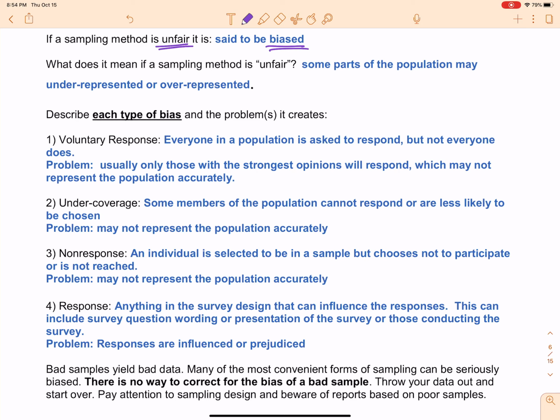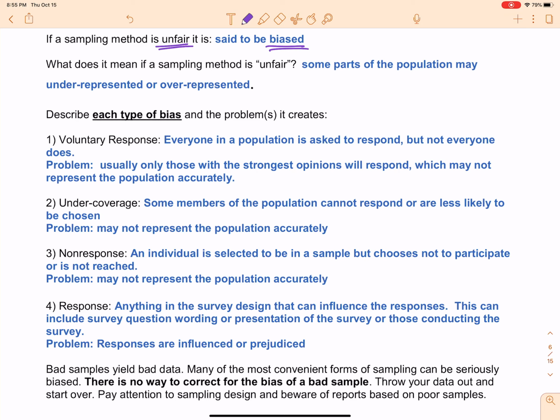overrepresented. So, for instance, let's say I decide to take a sample survey from Colleyville Heritage High School students, and I decide that I'm just going to talk to my 7th period. That's it. That's the only class I'm going to talk to for my survey. Is my 7th period necessarily going to reflect the whole population of Colleyville Heritage High School?